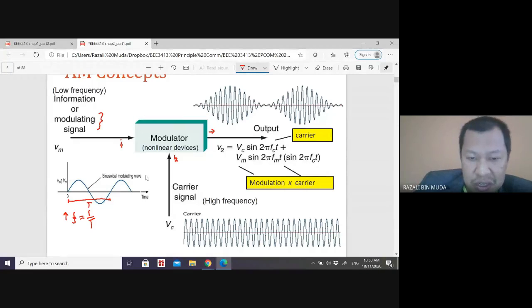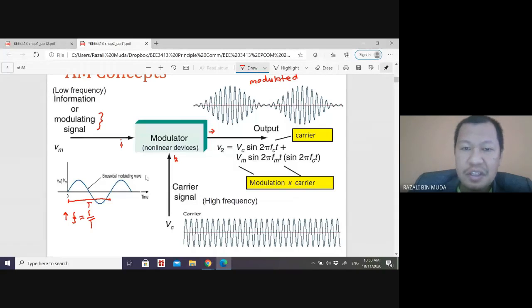This T is small, so the frequency is higher. Okay, so this modulator receives two inputs. One is the modulating signal and one is the carrier signal. So the output is called the modulated signal.